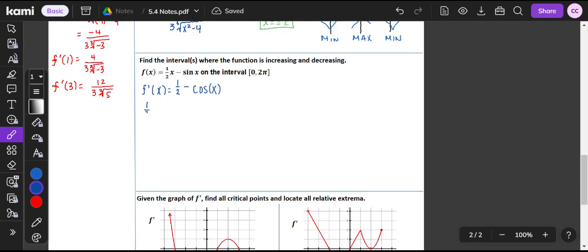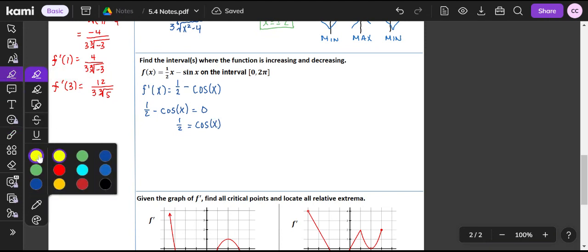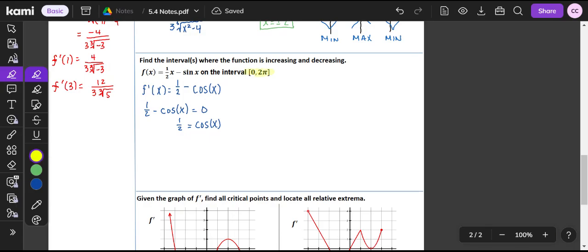So I'm going to take my 1/2 minus cosine of x, and I'm going to set it equal to 0. In other words, I'm looking for wherever the cosine of x is equal to 1/2. Now, the reason I'm going to walk you through this one is because this is very important. It gives us an interval from 0 to 2 pi.